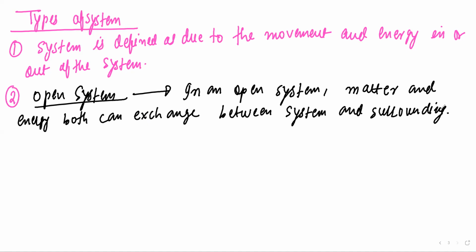The presence of reactant in an open container is an example of an open system. Here the boundary is an imaginary surface enclosing the beaker and the reactant.